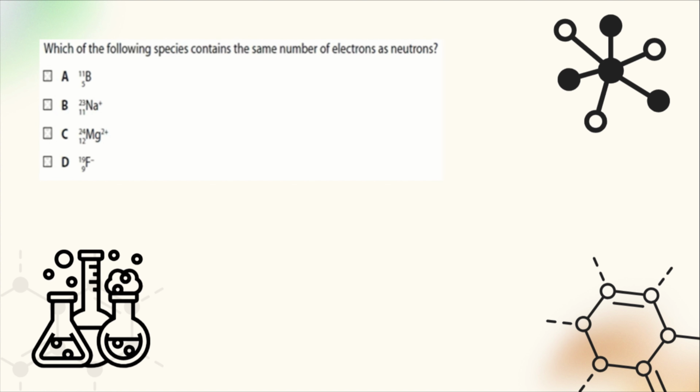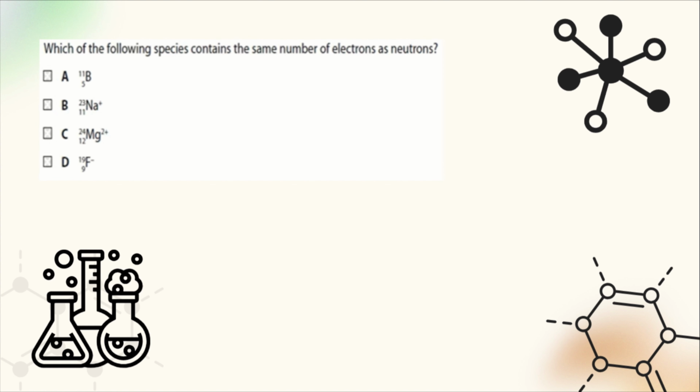For Na+, which means it has lost an electron, from 11 we have 10 electrons now. 23 minus 11 is 12, so nope. Magnesium has 12 protons, therefore 12 electrons, but this is a 2+, which means 10 electrons. 24 minus 12 gives us 12 neutrons. 12 is not the same as 10, so no.